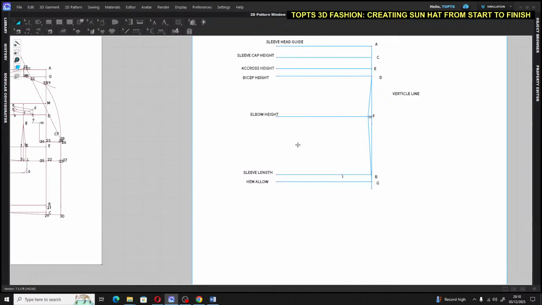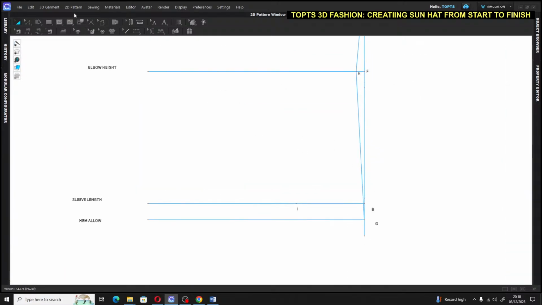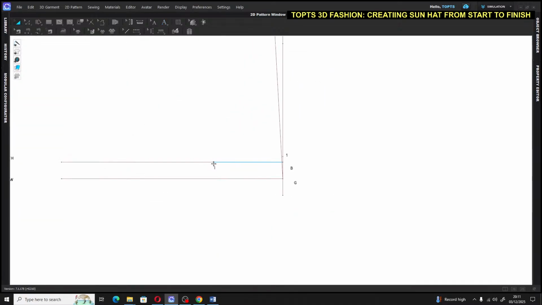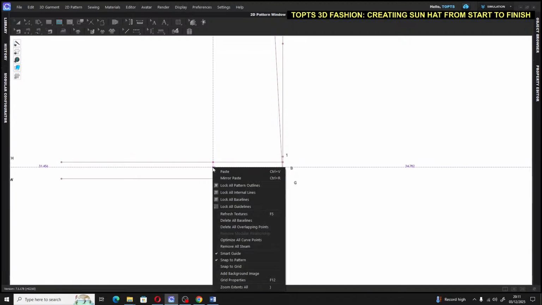Okay, we shall print this one. So we label this 0.1. Then from I we are marking downwards 0.5 altogether.